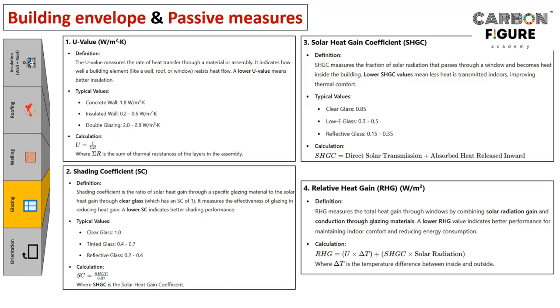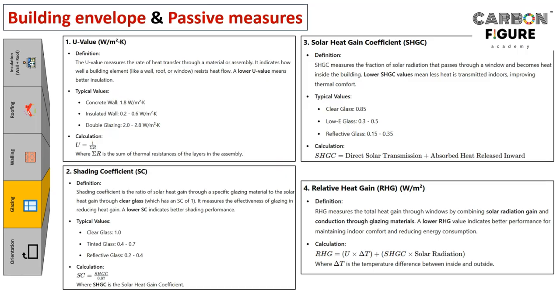So here in the typical examples, for a concrete wall, the U value is typically 1.8, whereas for an insulated wall, the value is reduced to 0.2 to 0.6. So insulated wall, concrete wall, what is the difference? On the concrete wall, they are adding one more layer, a physical solid layer as insulation.